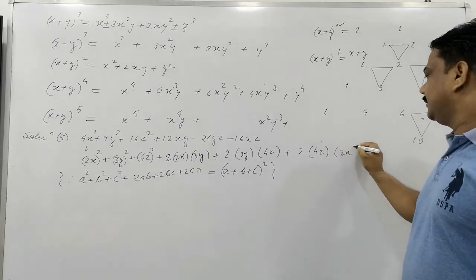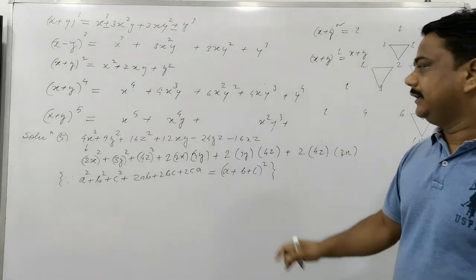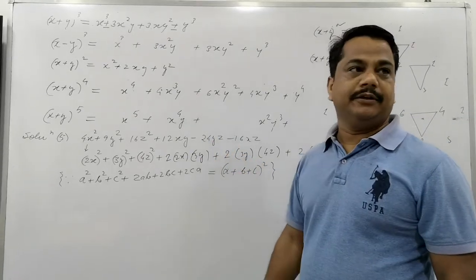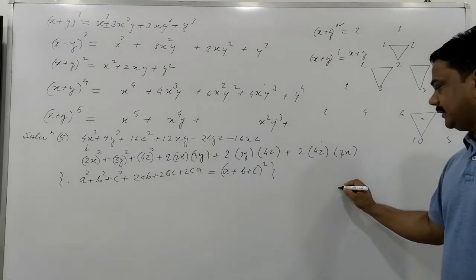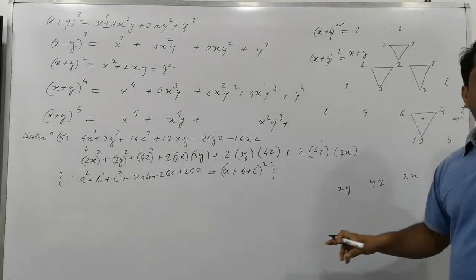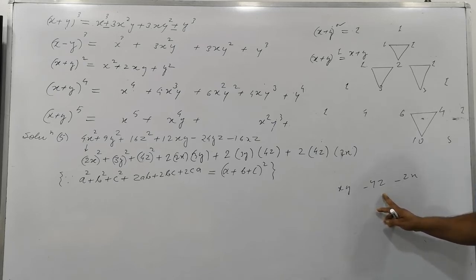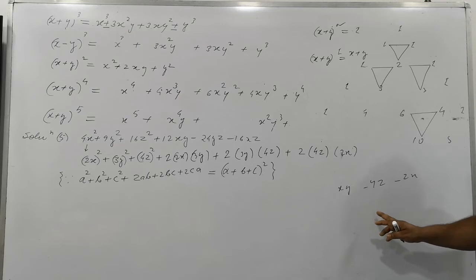Okay, now listen. All the terms are positive in the identity, but in the question 2 terms are negative. You may see x, y, y, z, and z, x. So which 2 terms are negative? These 2 terms are negative. So what is common in them? Z is common. Due to Z, this could be negative because both are negative and Z is common in both.